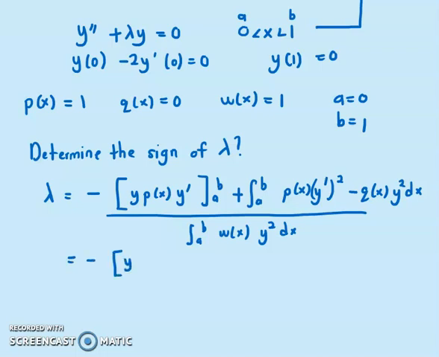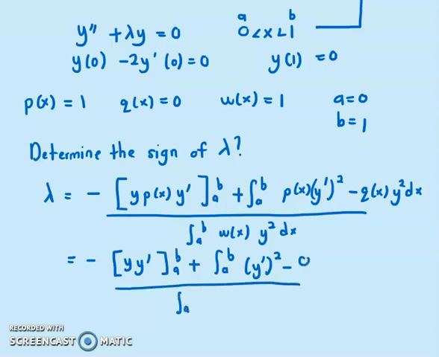We have negative y y prime, because my p(x) is 1, from a to b, plus the integral from a to b of p(x), which is 1, so we have y prime squared minus q, which is 0, over the integral from a to b of omega(x), which is 1, which just leaves us with y squared dx.